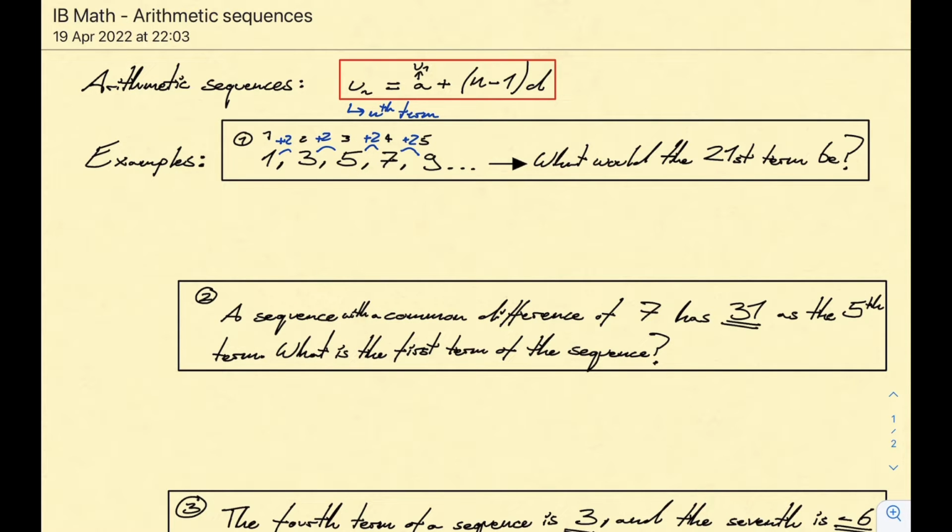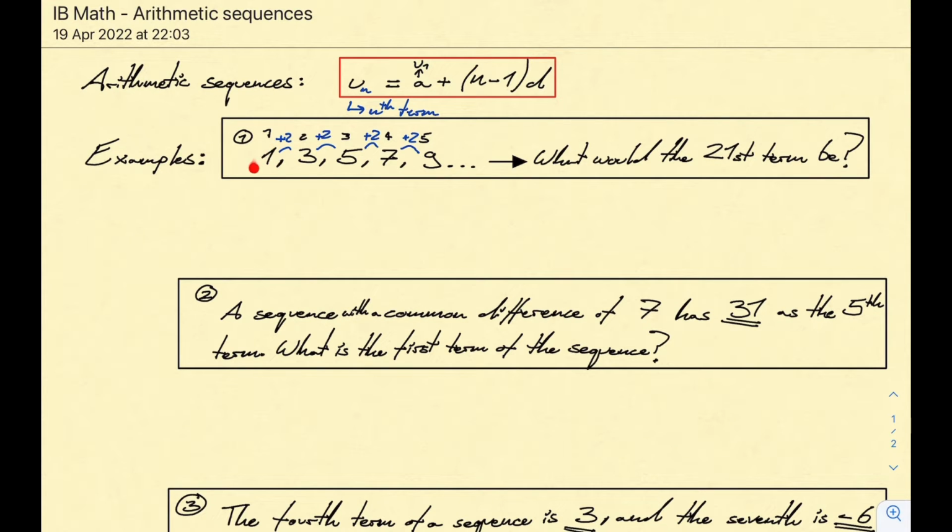So for the nth term of a sequence, we can replace this n by the position of the term we want to find. The nth term will always be equal to a, which is nothing else but the first term of the sequence, which can also be labeled as u1.